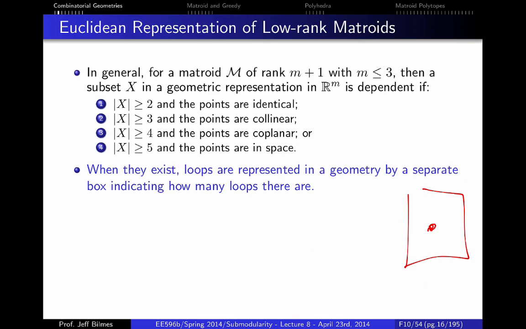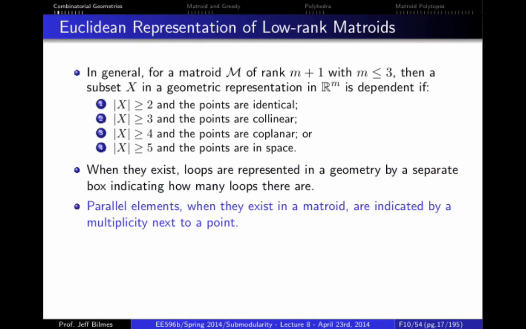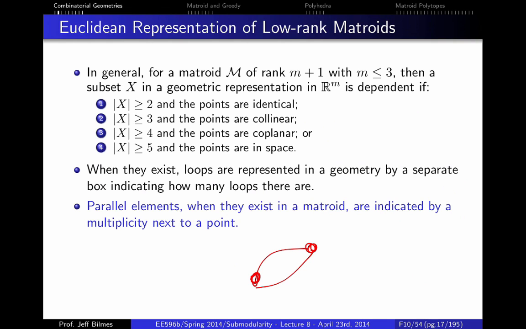You can just have little boxes, because these elements don't really interact with anything since they're automatically dependent. They have rank 0. They're just useless items. And then parallel items. Remember in a graphic matroid, parallel items consisted of, for example, things like this. That corresponds to a multiplicity of points within the geometry. Okay.